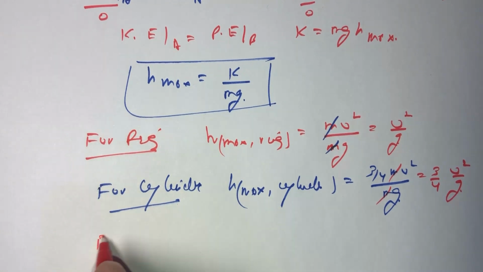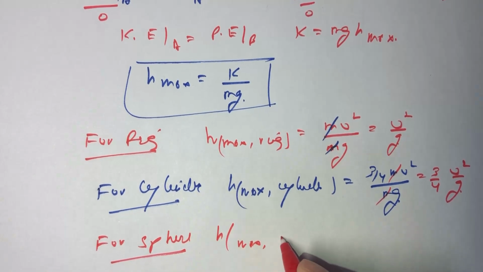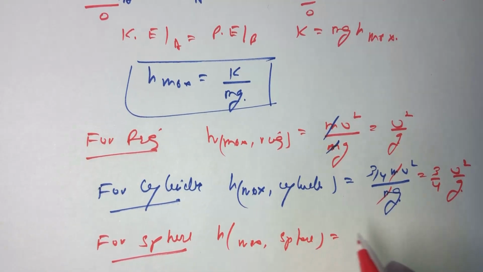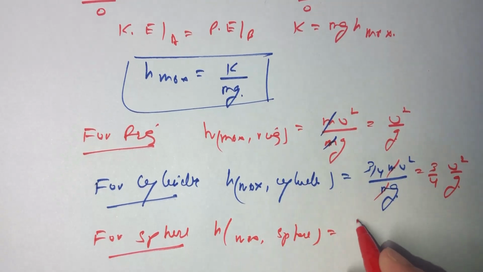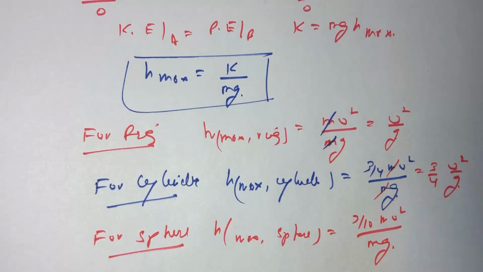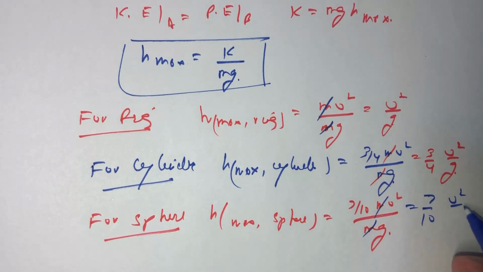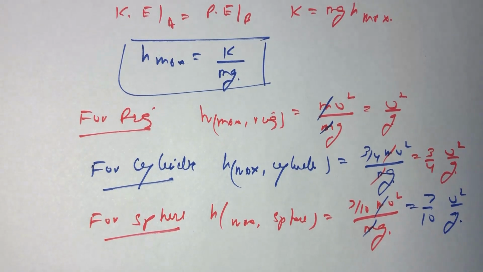And next we can find out for the sphere also. For sphere, h max for sphere, kinetic energy for sphere is 7 by 10 mv square divided by mg. Here m and m cancel out, so this comes as 7 by 10 v square by g, and we are supposed to find out their ratio.